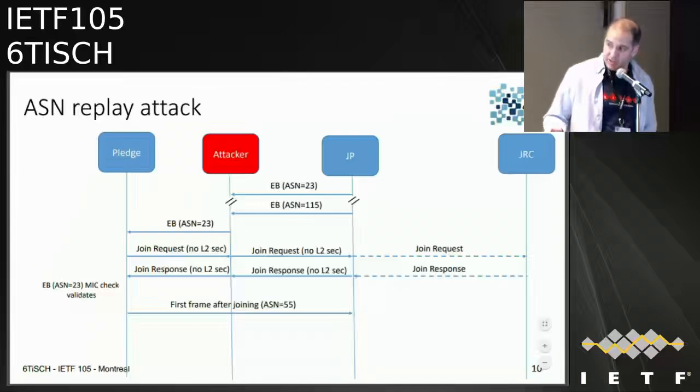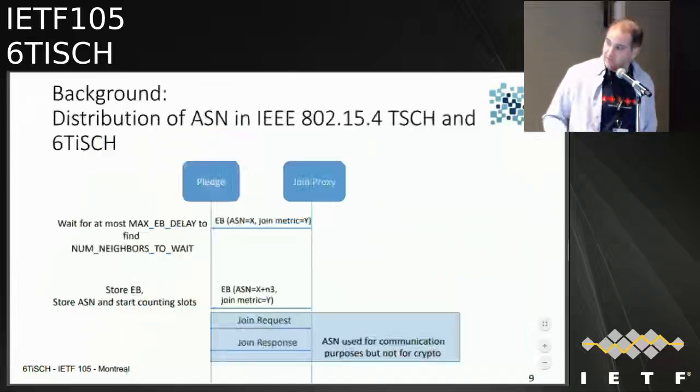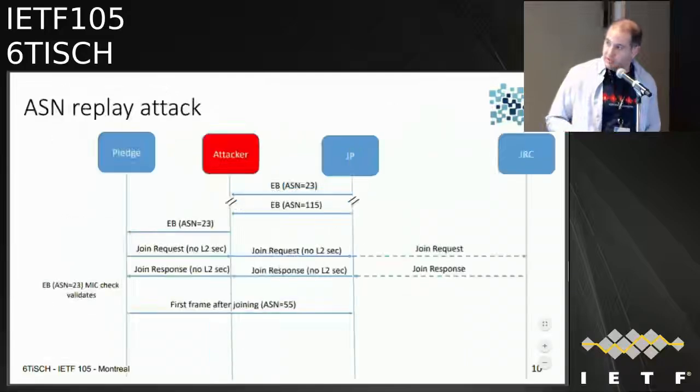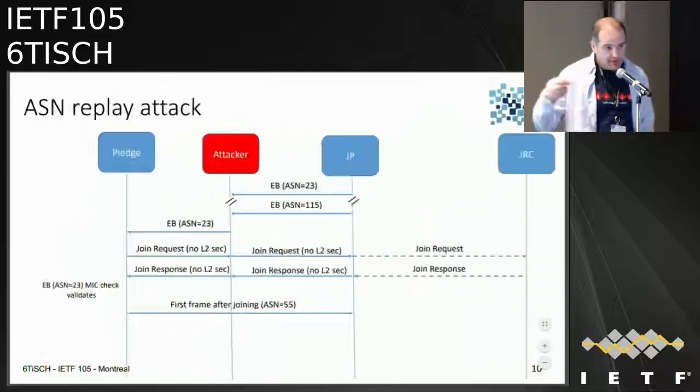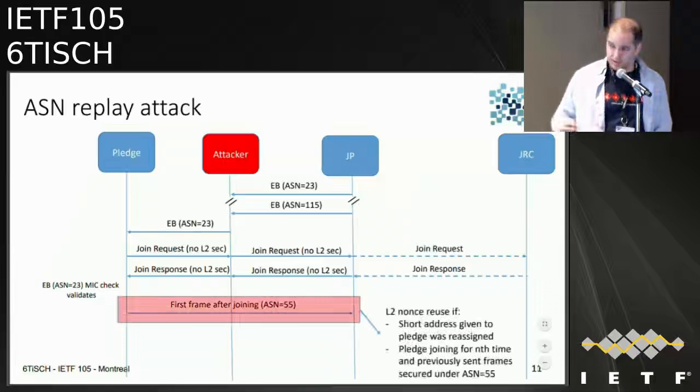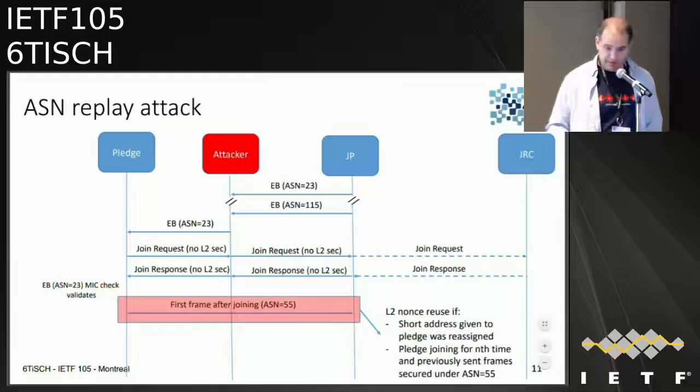When the pledge now uses the keys that it obtained from the join response, it will use ASN 55 in this derivation, which might have been used before, from a previous attempt of joining the network, or a previous network exchange, and which might lead to nonce reuse at layer 2 for this particular frame with ASN 55.